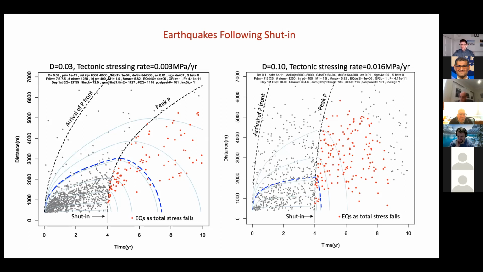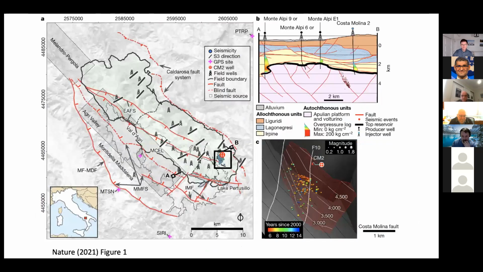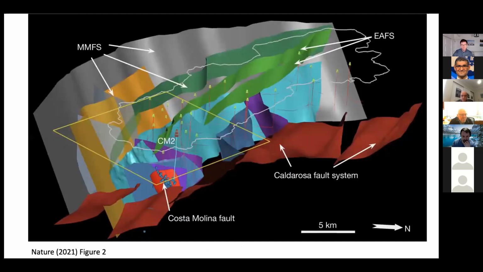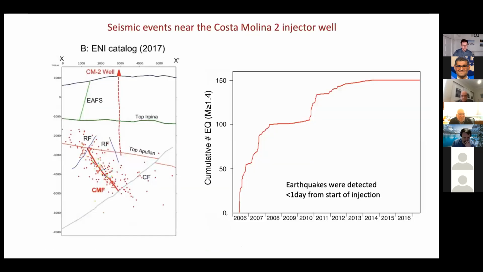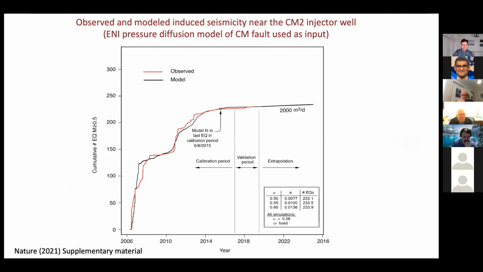I would like to know, due to the fact that the monitoring system changed in time close to the Cosmolina well, and we observed significant changes in the magnitude completeness of the catalogs that we published, and that you used, I wonder how do you manage this problem? The fact that the earthquake catalog is characterized by strong change in times of completeness.